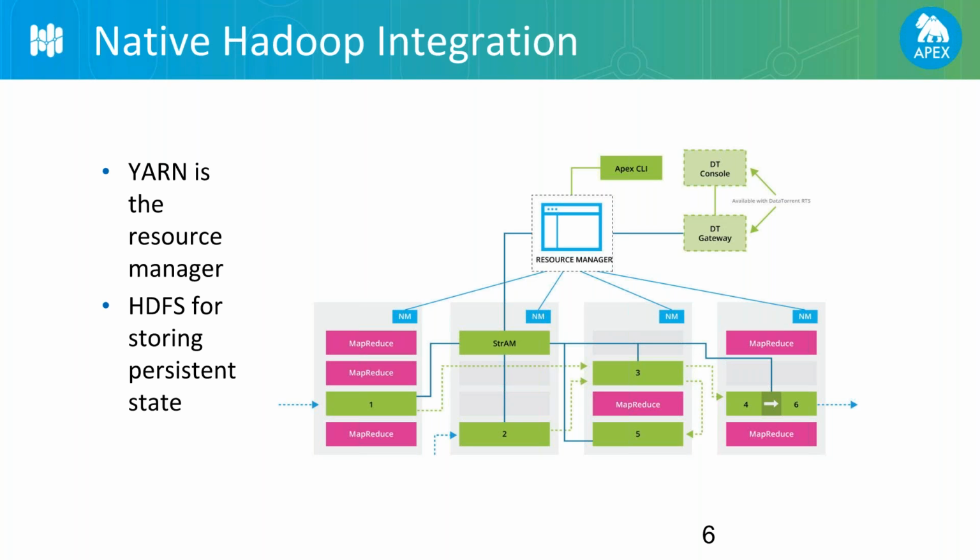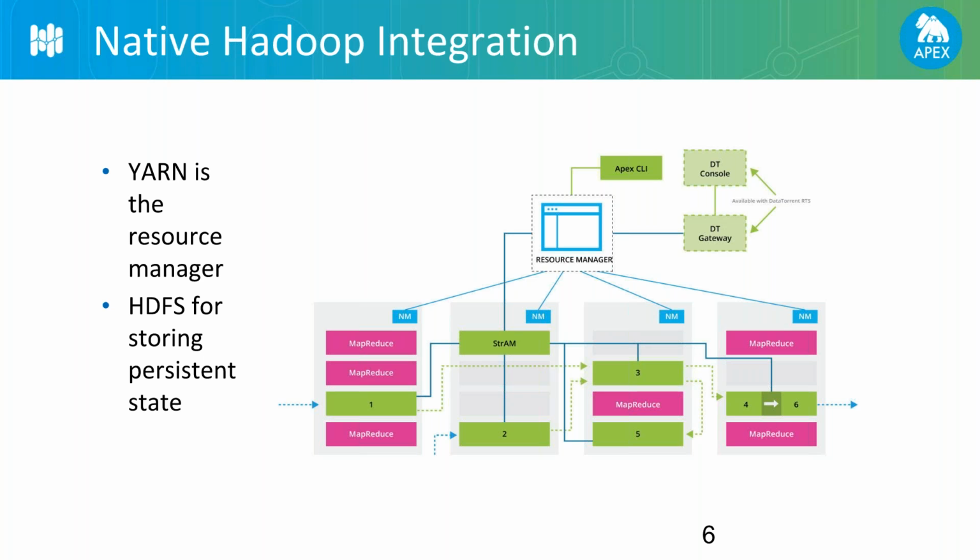When we say Apex is a native Hadoop application, it runs as a YARN application. If you look at the current diagram, you can launch an Apex application using the Apex CLI as well as the DT console.